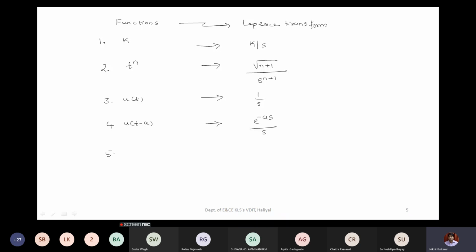The fifth one we discussed is the unit ramp function r of t, which is equal to t, and we arrived at its Laplace transform being 1 by s square.